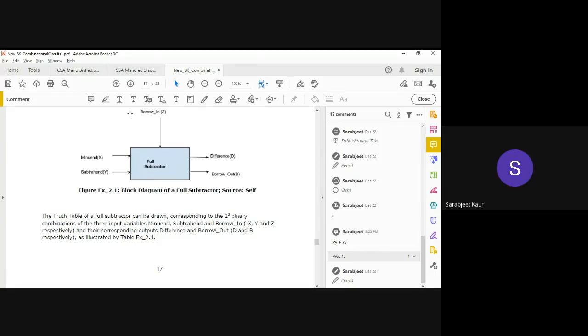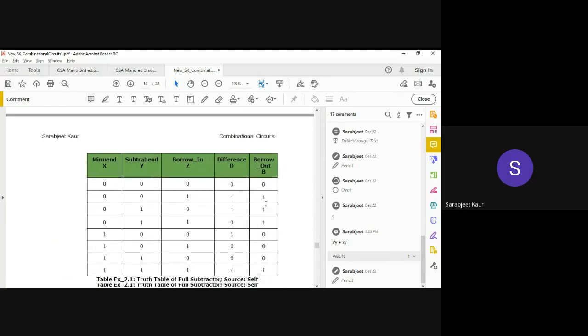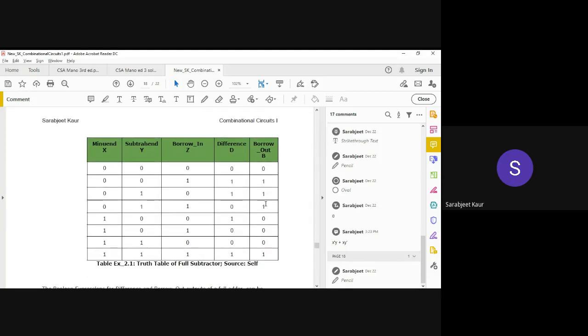So this third input that we get here, we denote by borrow in, and this output we denote as borrow out. So let us look at the truth table of the full subtractor now.